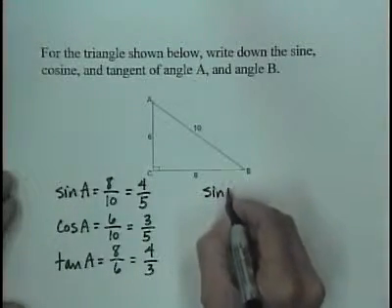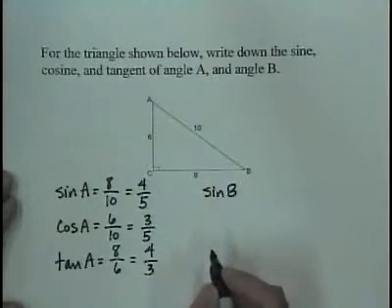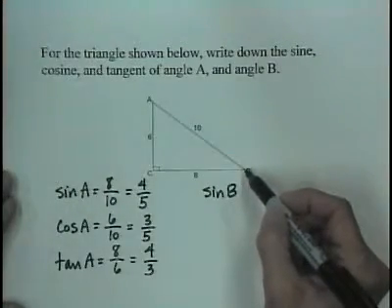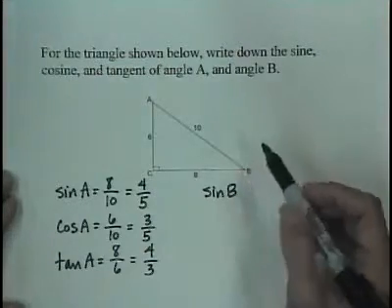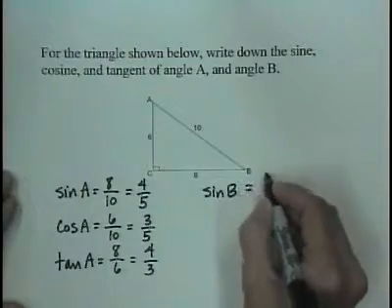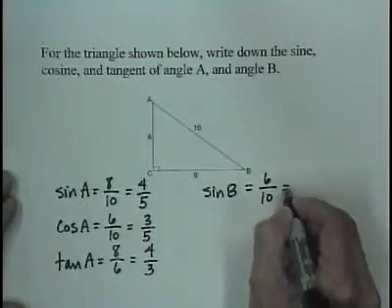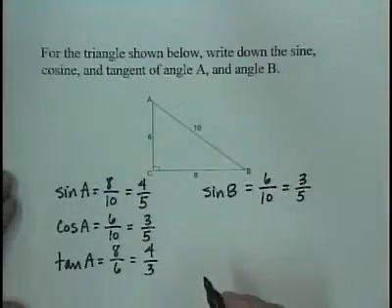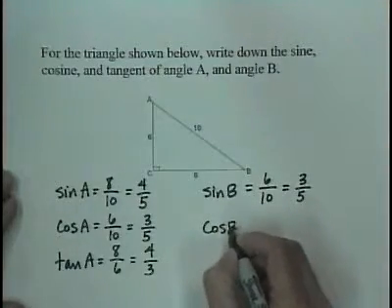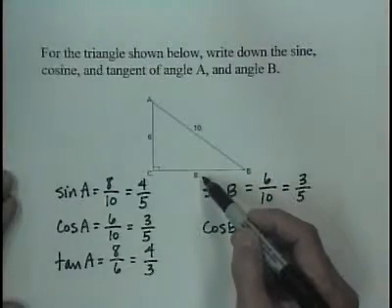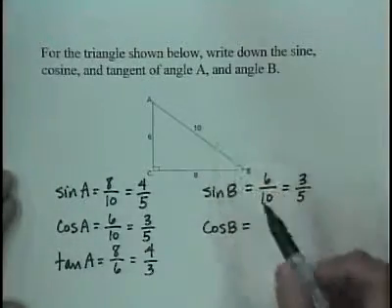Let's write down the sine of B, and then the cosine and tangent of that. The sine ratio for an angle is the length of the side opposite the angle over the hypotenuse. In this case, 6/10. That reduces to 3/5. The cosine of angle B is the ratio of the length of the side adjacent to the angle over the hypotenuse.